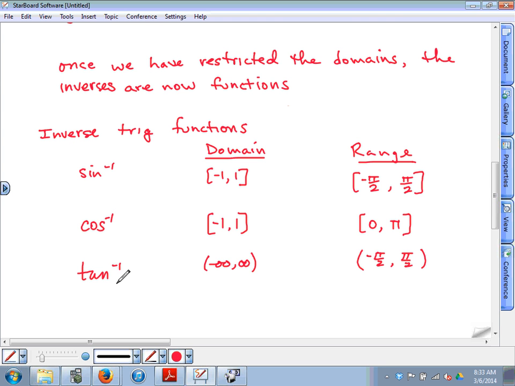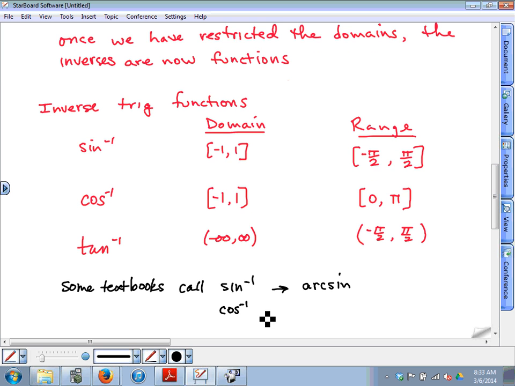Now, on most of your calculators, this is probably the notation for inverse sine, inverse cosine, inverse tangent. Some textbooks call the inverse sine, instead of sine to the -1, the arc sine.